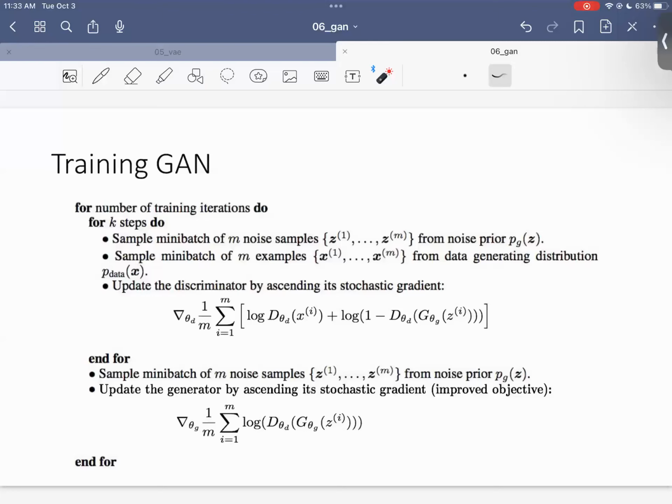Well, what happens if you start with a VAE's decoder? Then your G will be pretty strong.